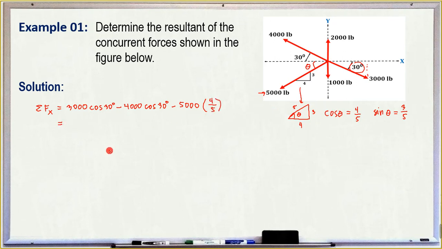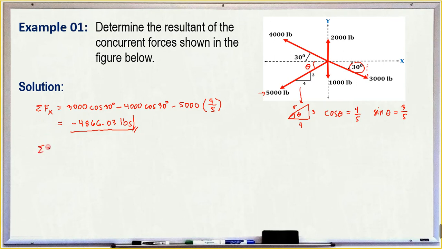Simplifying this, with a calculator, the result would be negative 4,866.03 pounds. So that is our summation of forces along the x-axis.